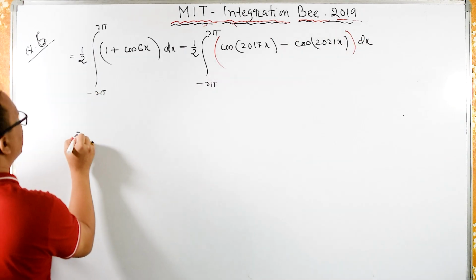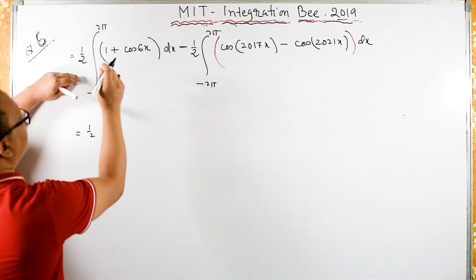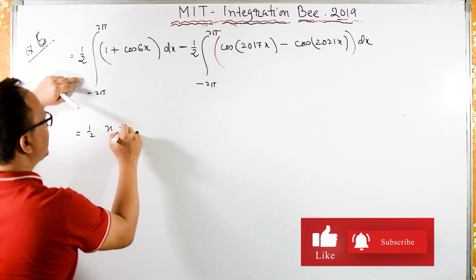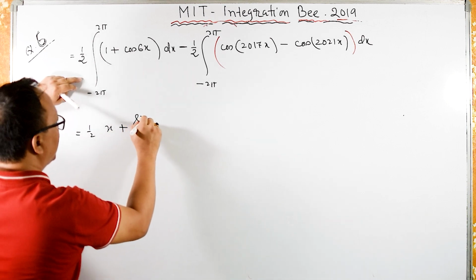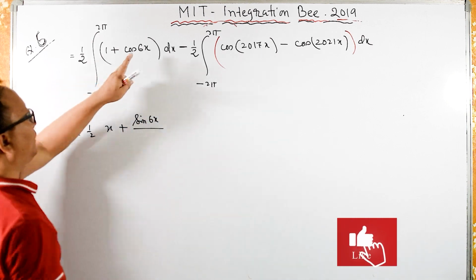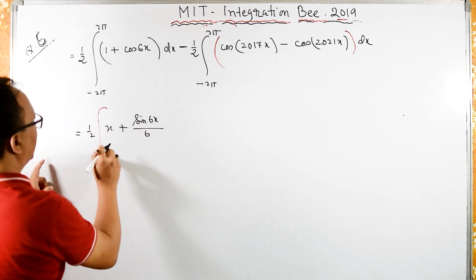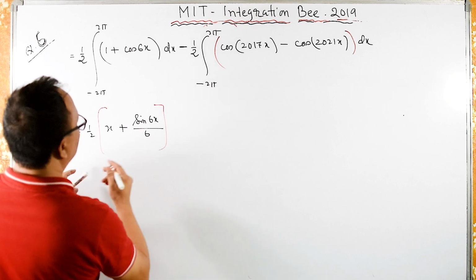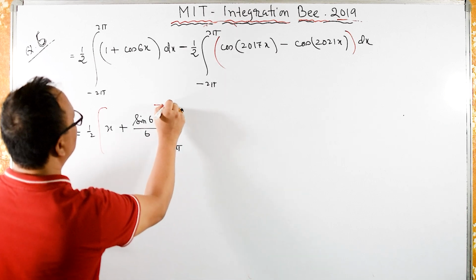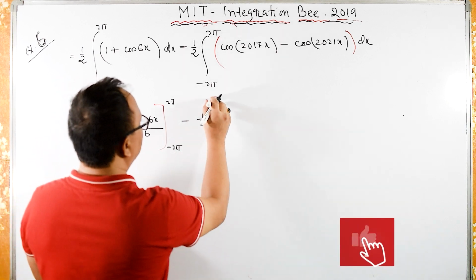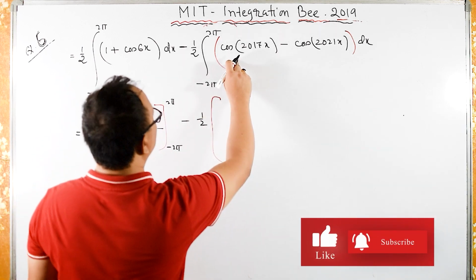This is equal to half, and the integration of this is x. So x plus the integration of cos, which is sine 6x upon the differentiation of 6x, which is 6, and the limit is from minus 2 pi to 2 pi, minus half, and let's do the integration. Integration of cos is sine.